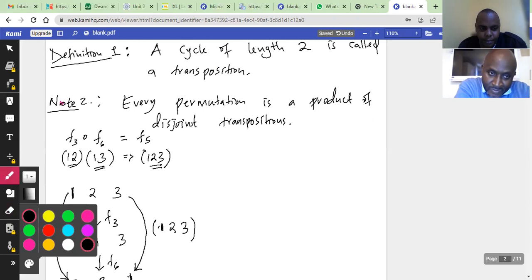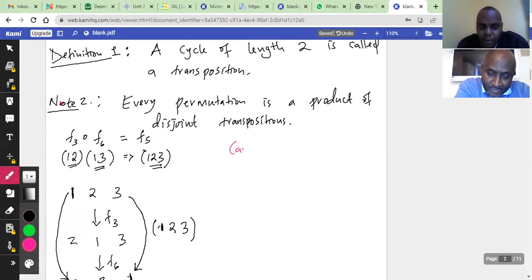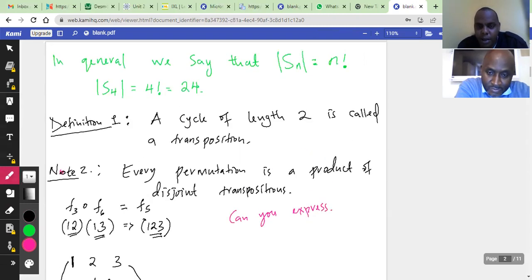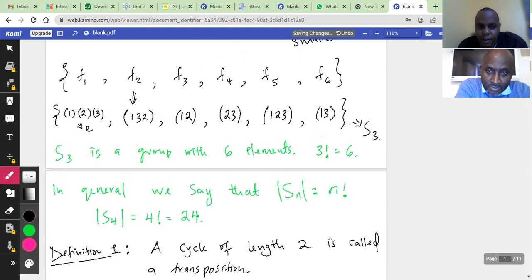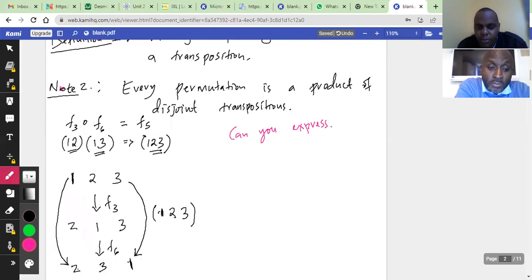Now, can you express, let me take F2, which happens to be the cycle (1 3 2), as a product of disjoint cycles?